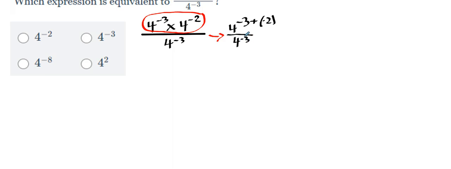But the fraction looks a lot simpler now, I think anyways. Okay, moving to the right, negative 3 added to negative 2 will result in 4 to the power of negative 5 over 4 to the power of negative 3. I think that's a lot easier. Again, we simply took the negative 3 and added it to negative 2 to get negative 5.